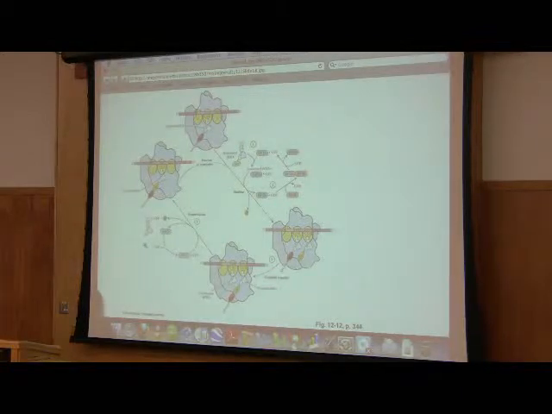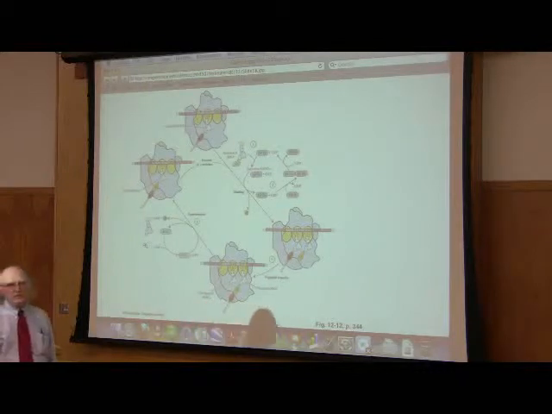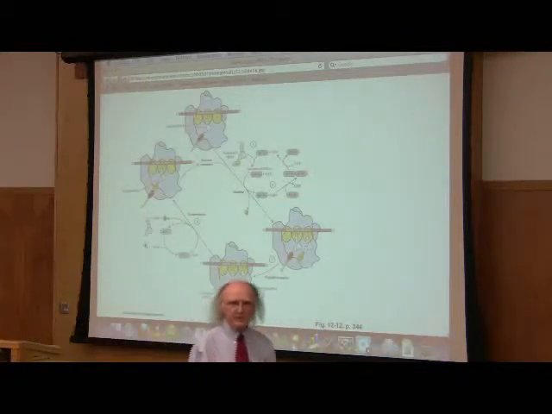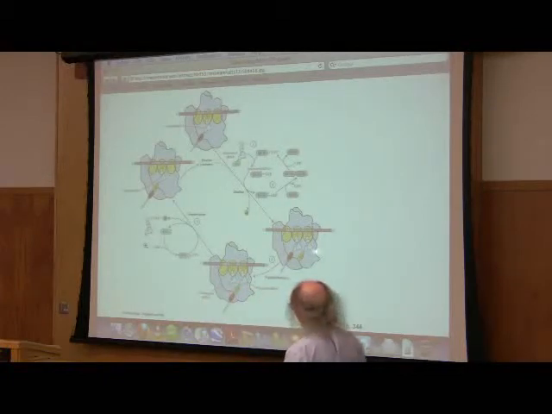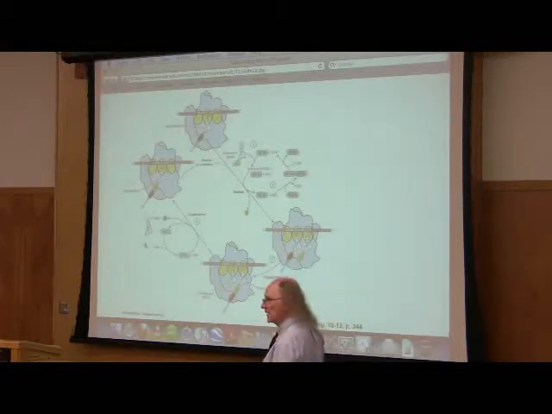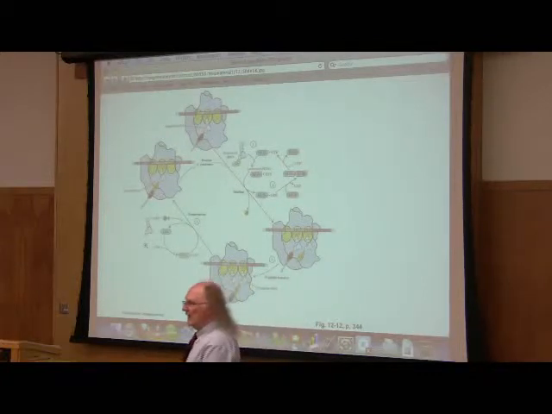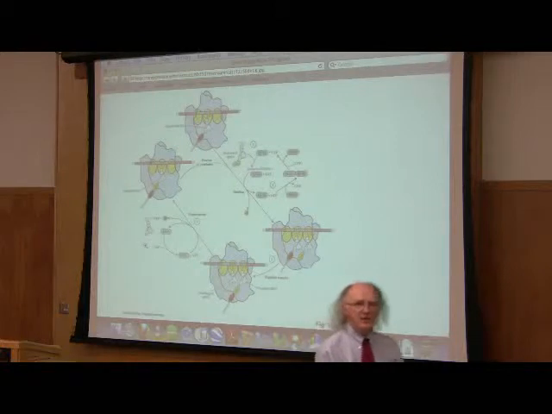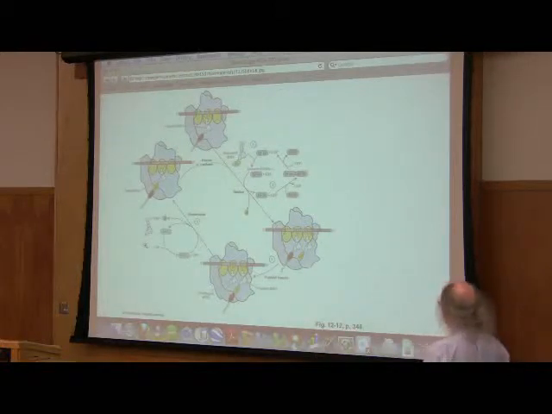How do we ensure that the proper one goes in there? One of the ways we ensure that, and this is true for us, it's also true for E. coli, which is what this is about, is there's a protein called EF-Tu. EF-Tu carries the tRNA to the A site.